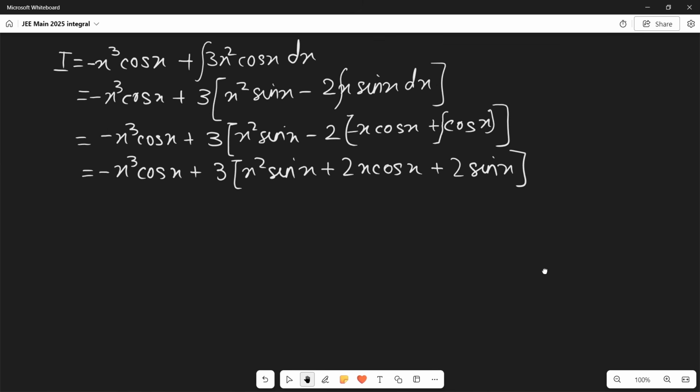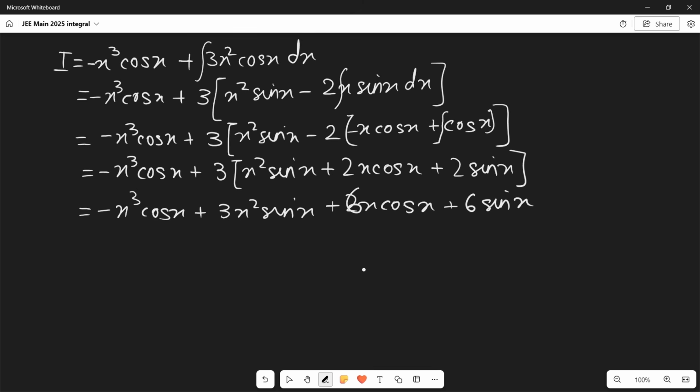Now we can open it up and write as minus x cubed cos x plus 3x squared sin x plus 2x cos x. Sorry, 3 will multiply, so it is 6x cos x plus 6 sin x. This entire function is our g of x.